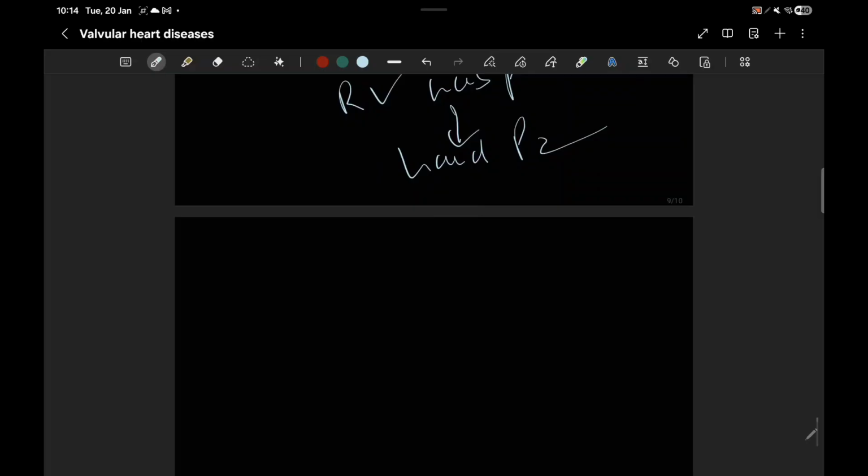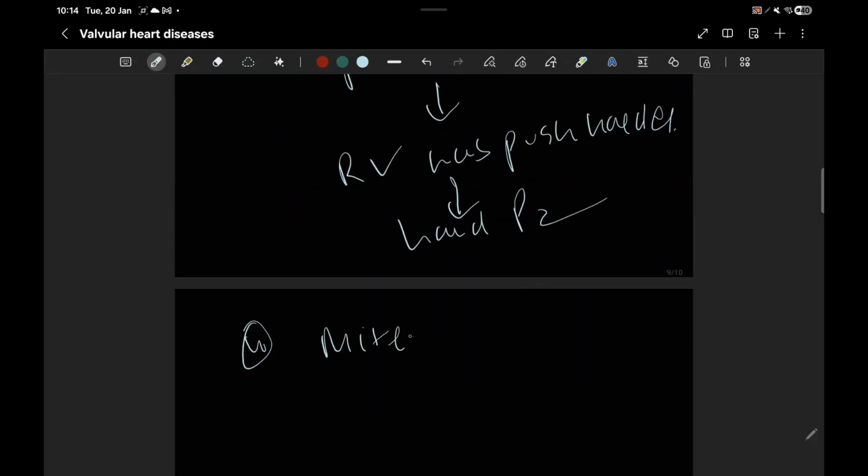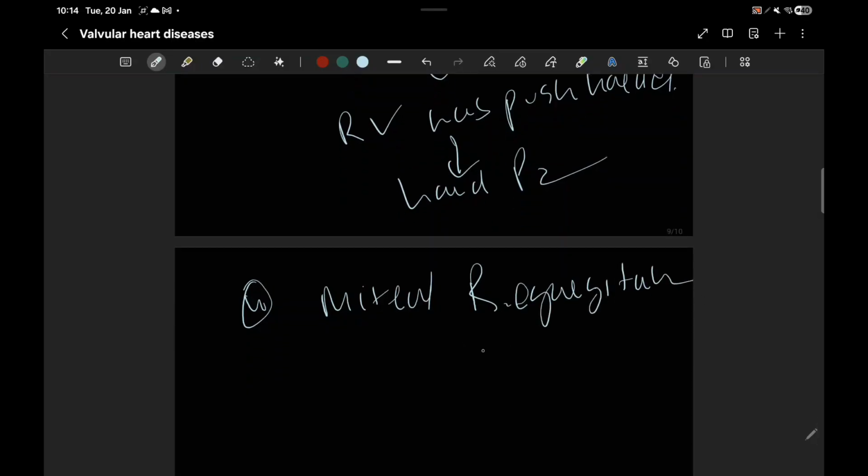Now we can discuss mitral regurgitation. That is basically backflow, the backflow of blood from the left ventricle to the left atrium, because of the insufficient mitral valve.